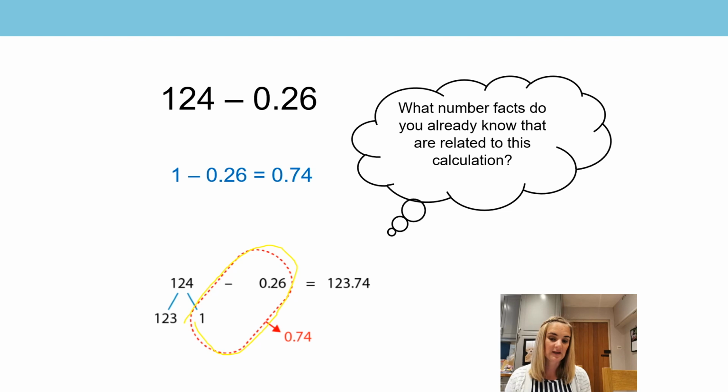We already know that, but here we've partitioned our 124 into 123 and 1 to help us, and so we need to recombine it, so we get 123.74. But once we get onto larger numbers, this can get a little bit complicated sometimes to record in this way, so we're going to simplify that a little on the next slide.